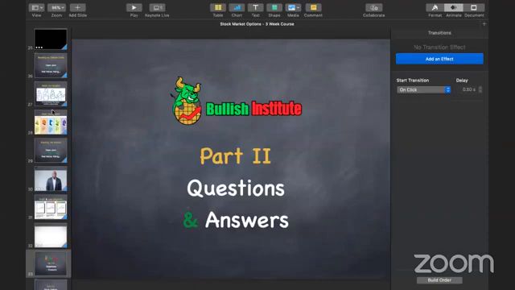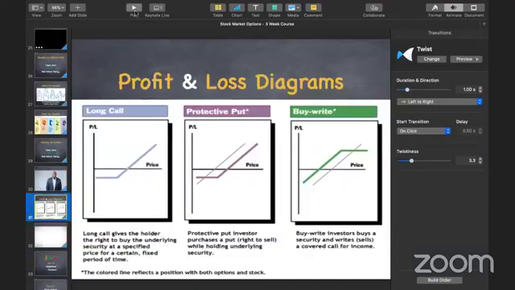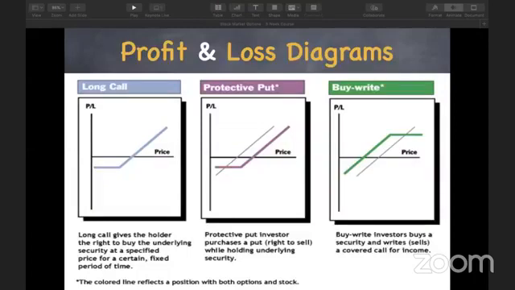Hold on a second. For whatever reason, it's not okay. There we go. To get to the keynote. So that's a great question. Let me know if you can see the screen now. I was trying to bring it back up. Yeah, the buy right. All right, so I'll show that in the Robinhood real quick as well.